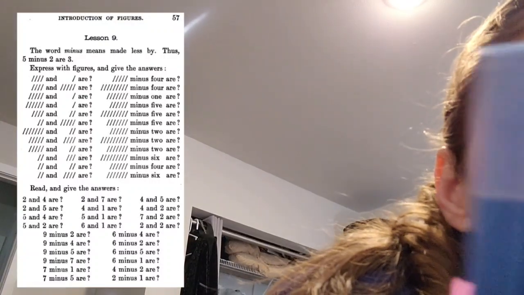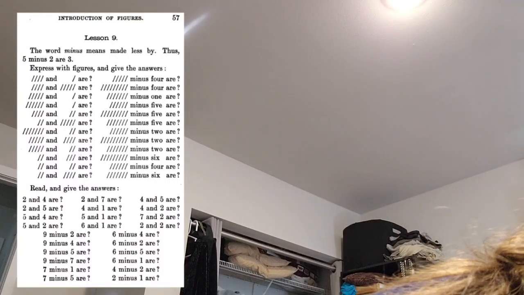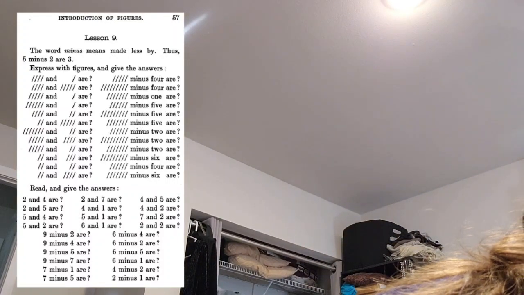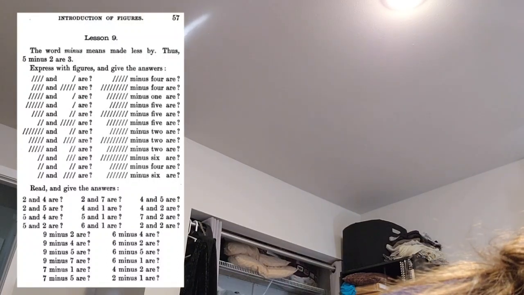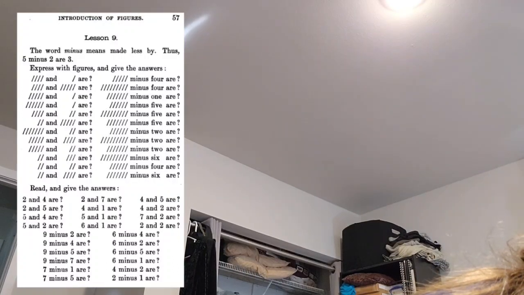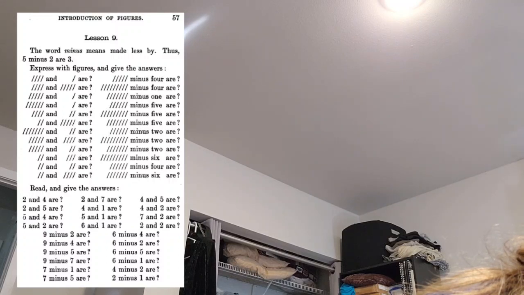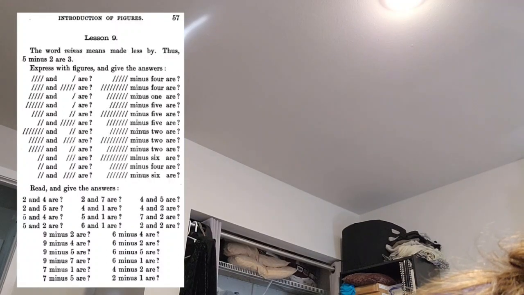And then on the other side, 5 minus 4 are 1. I'm going to say this is a big number. 1, 2, 3, 4, 5, 6, 7, 8. I think this is 9. 9 minus 4 are 5.